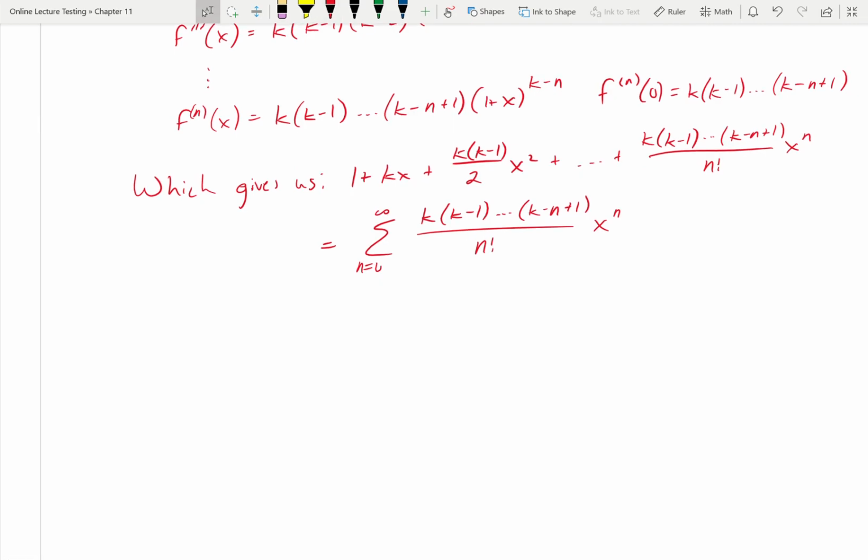So let's find its radius of convergence, where this guy is going to converge. So applying the ratio test, we're going to get the limit as n approaches infinity. This is going to be a fun one.